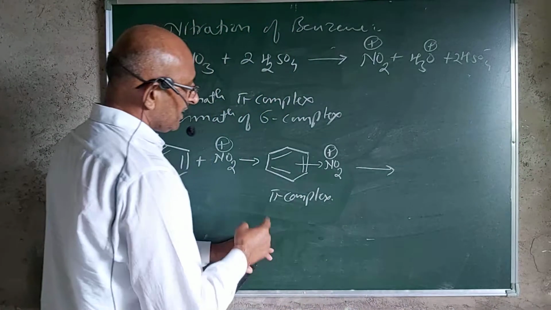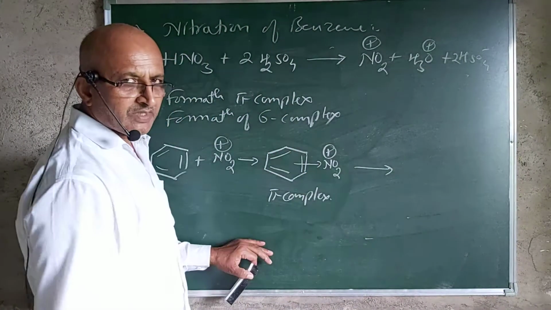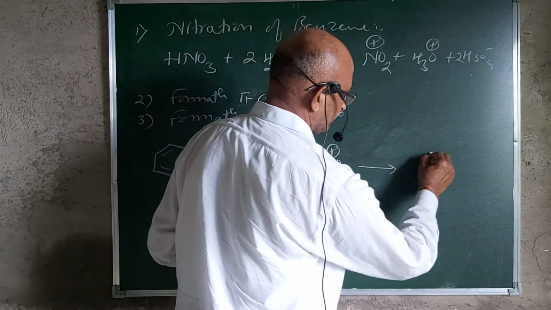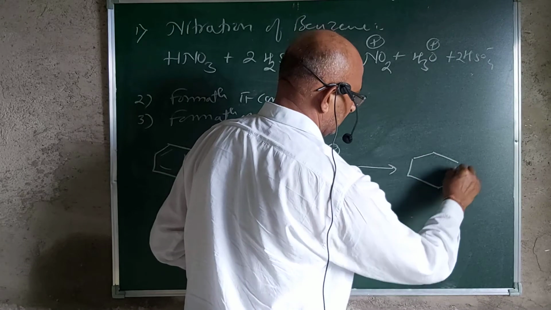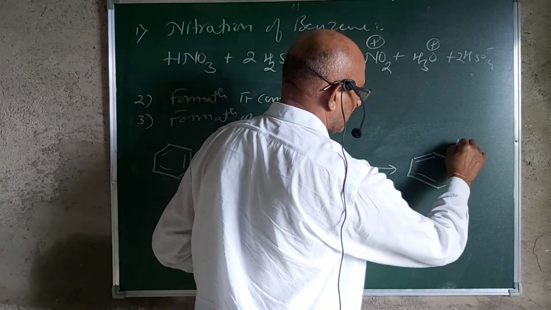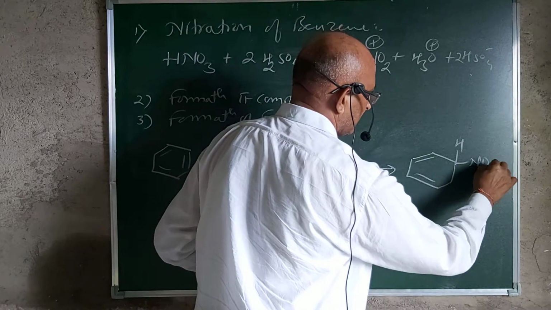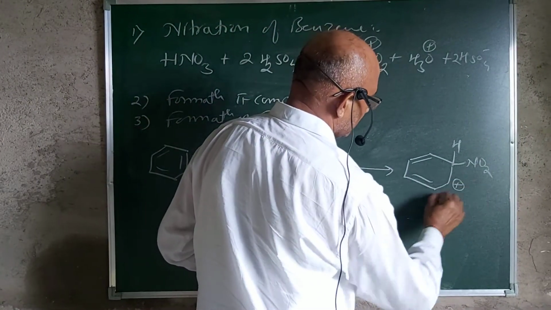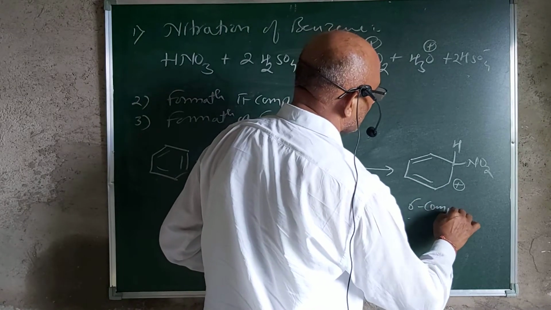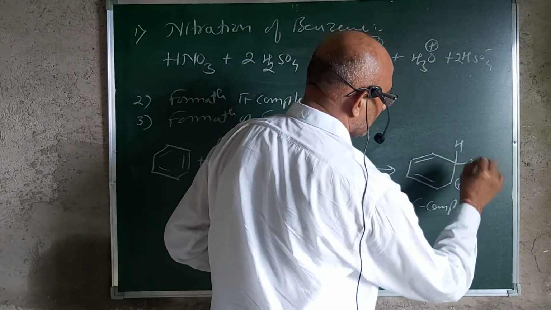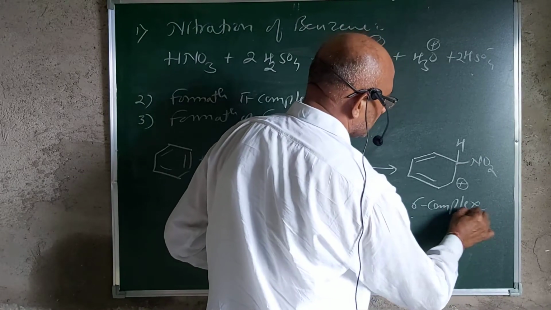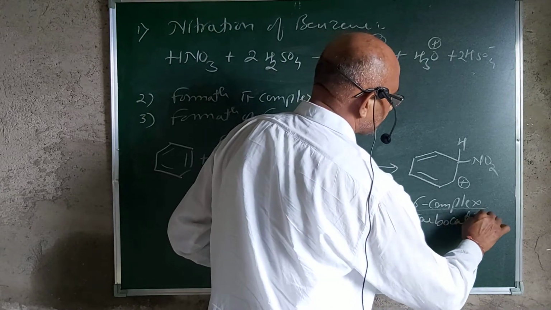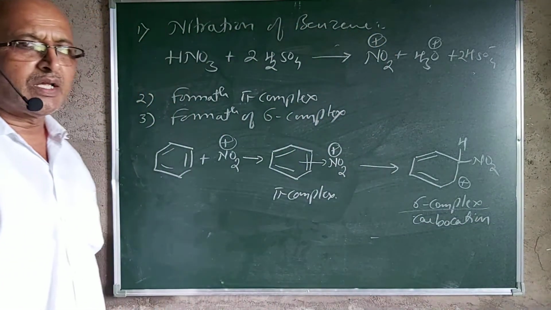As it is formed, it immediately accepts the electron pair from this electron cloud of benzene and forms the intermediate in which the nitronium ion is being introduced. This is the formation of the sigma complex, meaning a new bond, the carbon–nitronium ion bond, has been formed, which is termed the sigma complex, or also the carbocation.